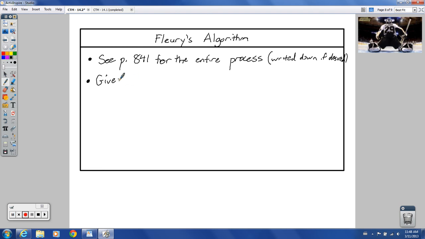I think what it does for you is it gives you a procedure to always find an Euler circuit or path when it's possible.